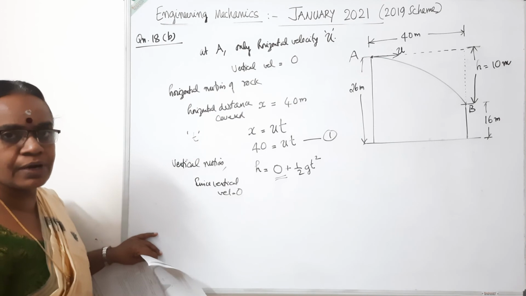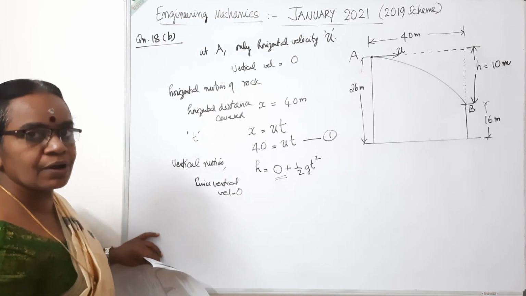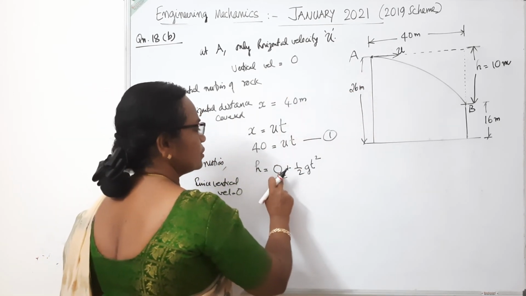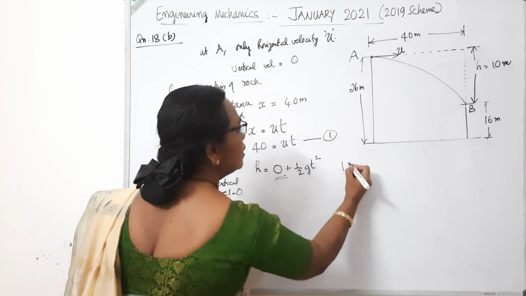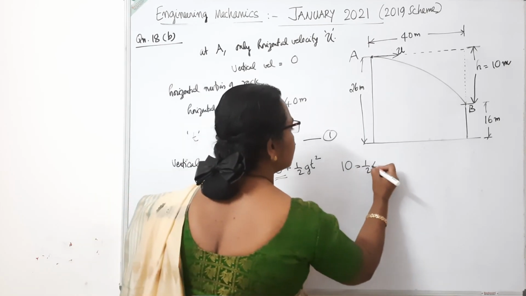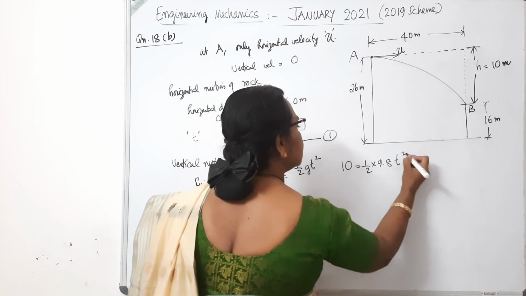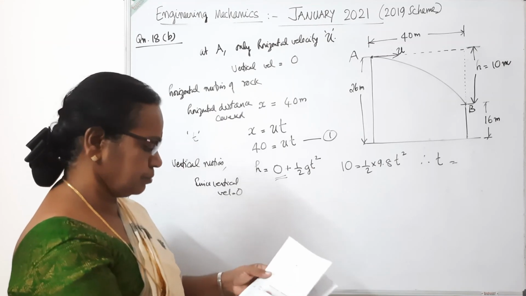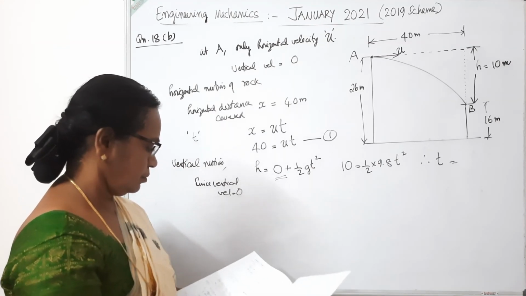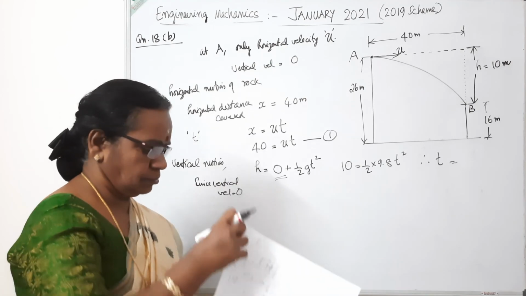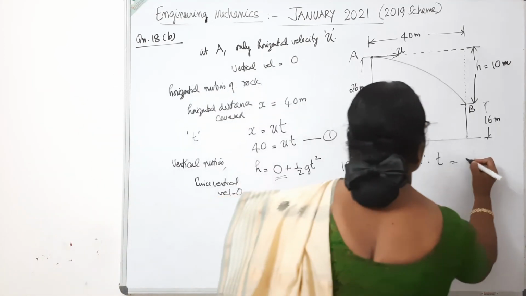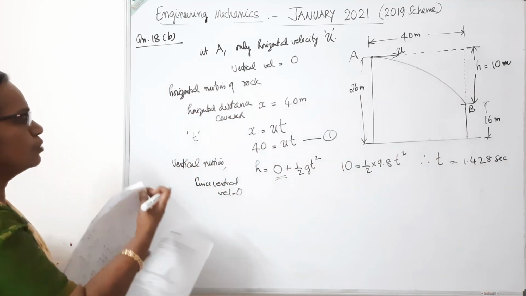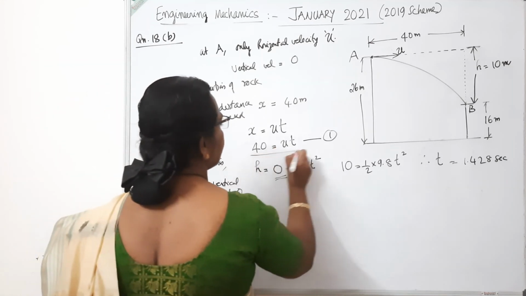Half gt square, or 10 is equal to half into 9.8 t square. So from that we get t is equal to 1.428 seconds.